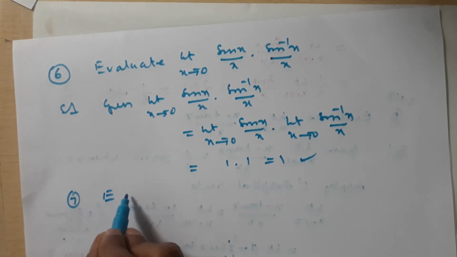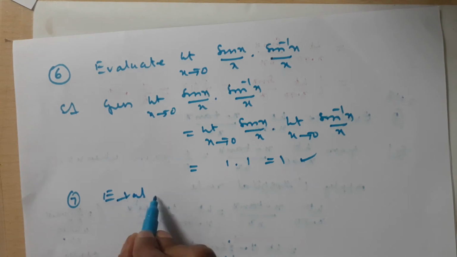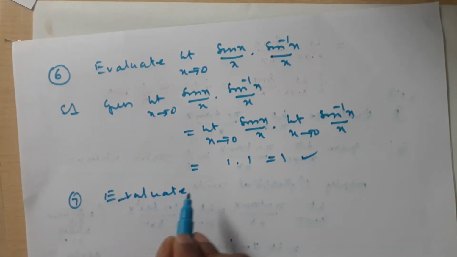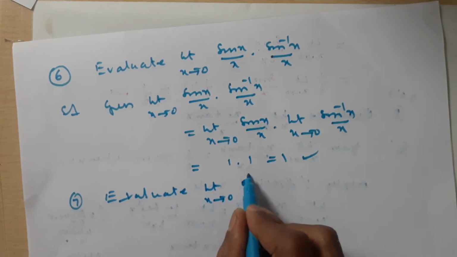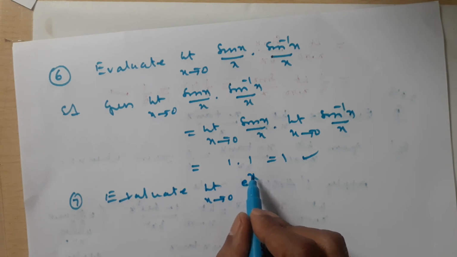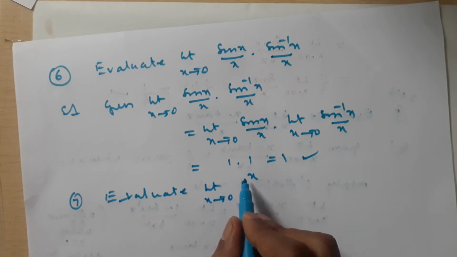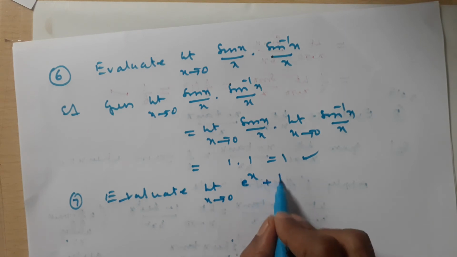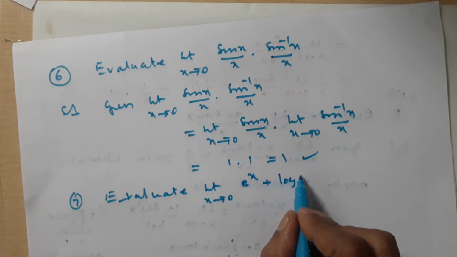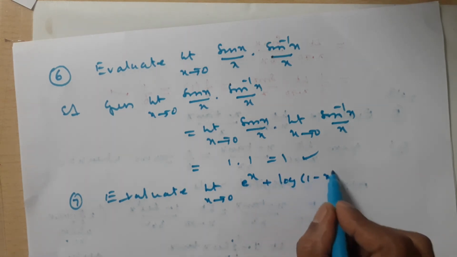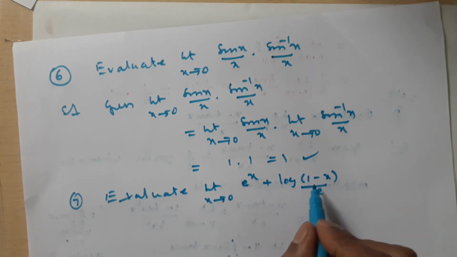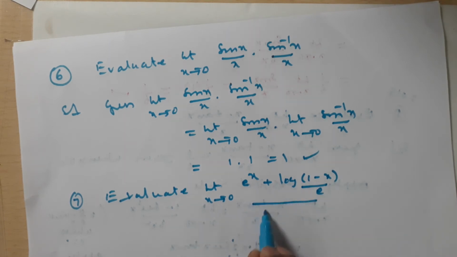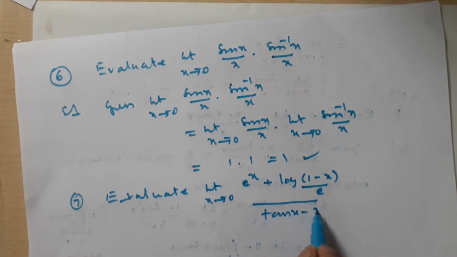Evaluate limit x tends to 0 of (e power x plus log of 1 minus x, divided by e) whole divided by tan x minus x.